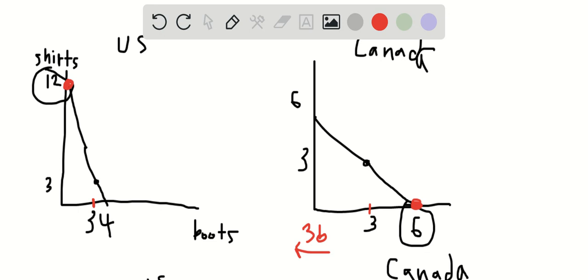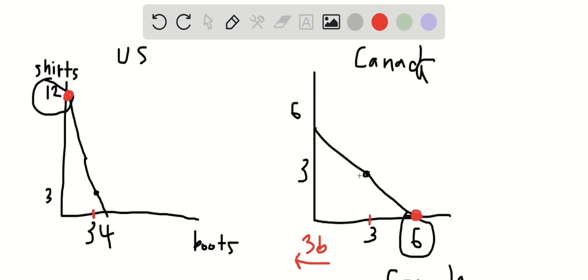On the same token, Canada wants more than 3 shirts back for it to be worth it. It doesn't want to be confined to what it could have had if it didn't trade anyway. So what the US might do is say, okay, we will keep 6 shirts and give you 6.